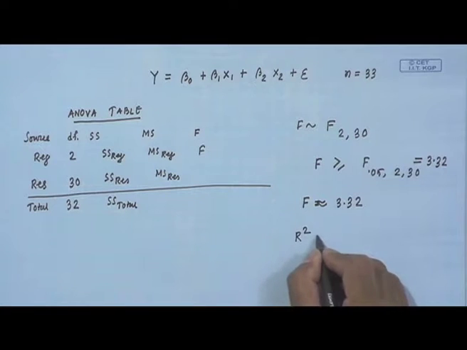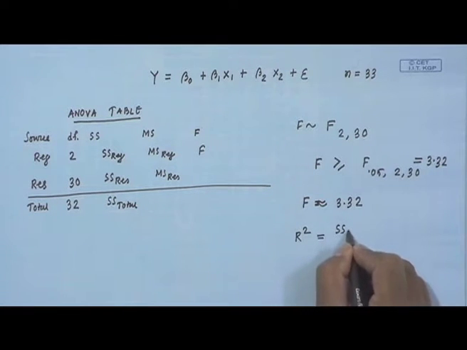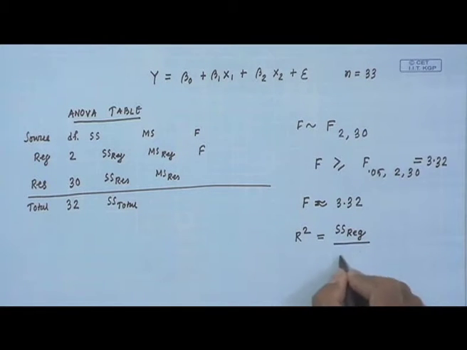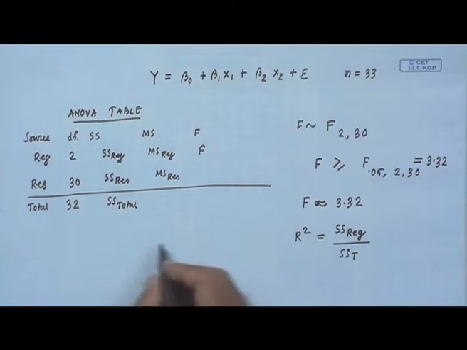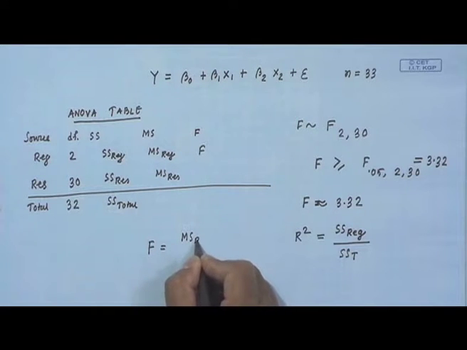Okay, what is R square? R square is SS regression by SS total, that is the proportion of variability in y about mean that is explained by the model. Okay, but what you know is F, which is equal to MS regression by MS residual.